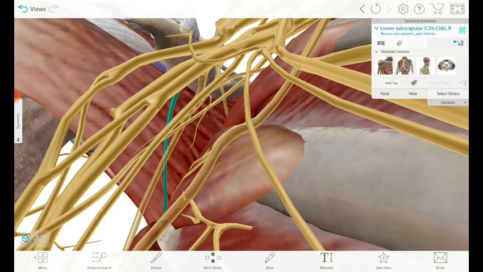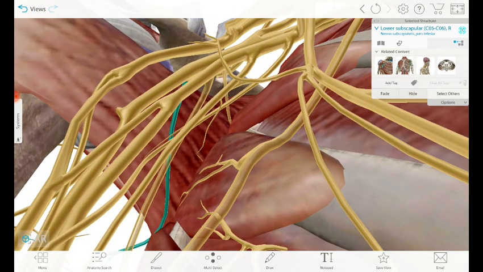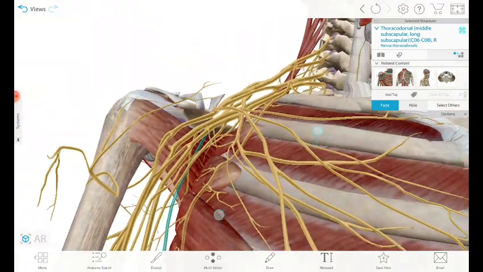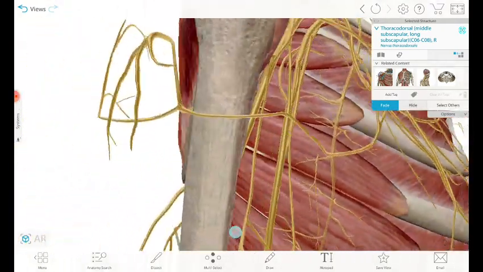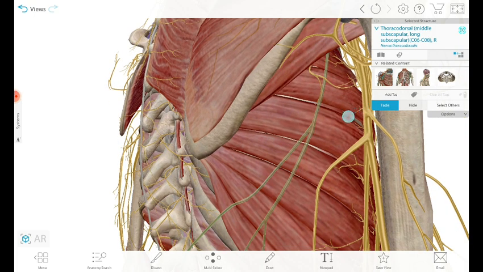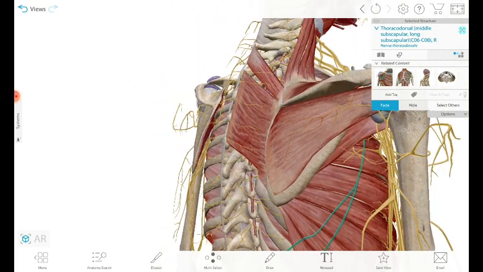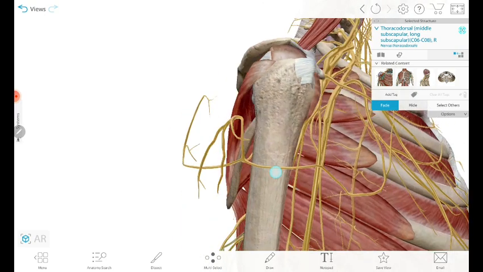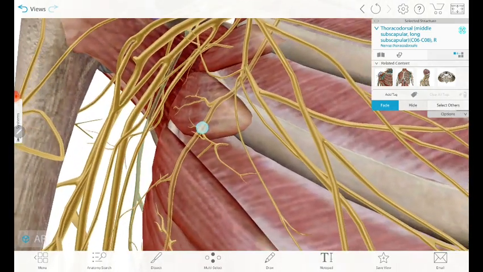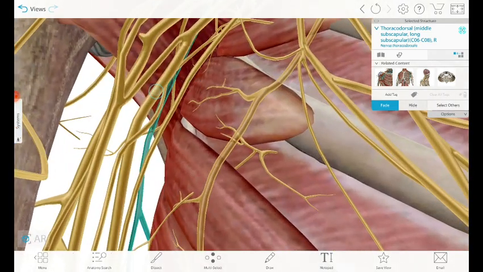Then this is the lower subscapular nerve, and this over here is the thoracodorsal nerve, or the nerve to latissimus dorsi. I have removed latissimus dorsi in this model, but latissimus dorsi is present over here, and since this nerve is very close to latissimus dorsi, it must be supplying the latissimus dorsi muscle. So this is the nerve to latissimus dorsi, and finally we can see this branch over here.